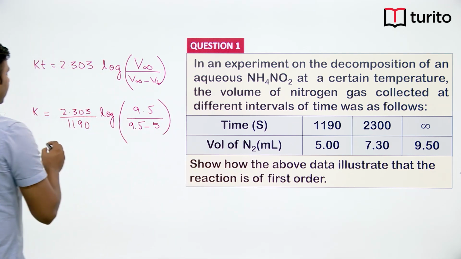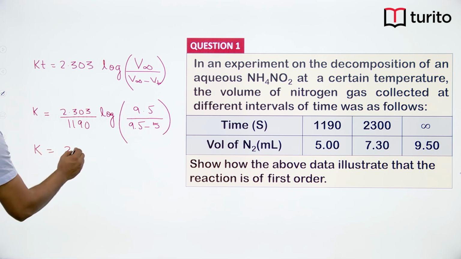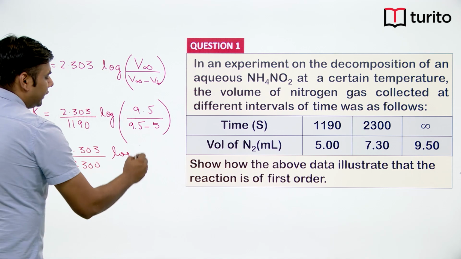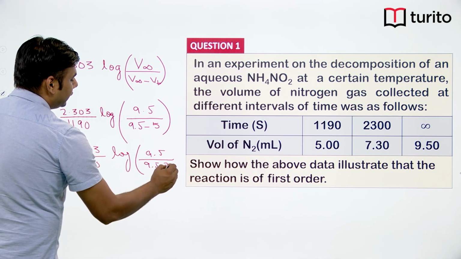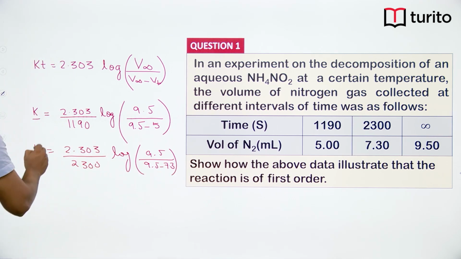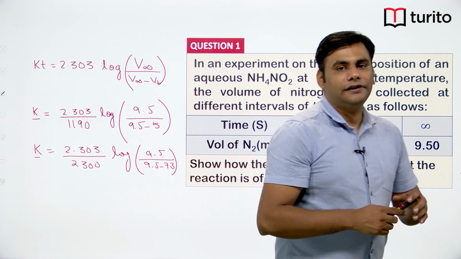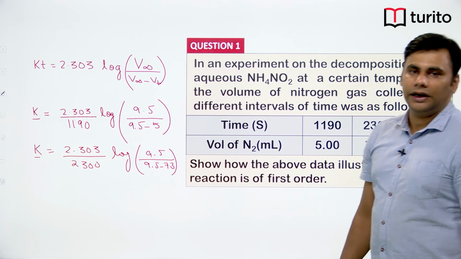This will be the value of the rate constant at 1190 seconds. At 2300 seconds, the volume of N2 evolved was 7.3, and V infinity is again 9.5, so this is 9.5 minus 7.3. In this way you can calculate the value of the rate constant at different times. If you calculate this, you will get the same value of the rate constant, indicating that it is a first order reaction.